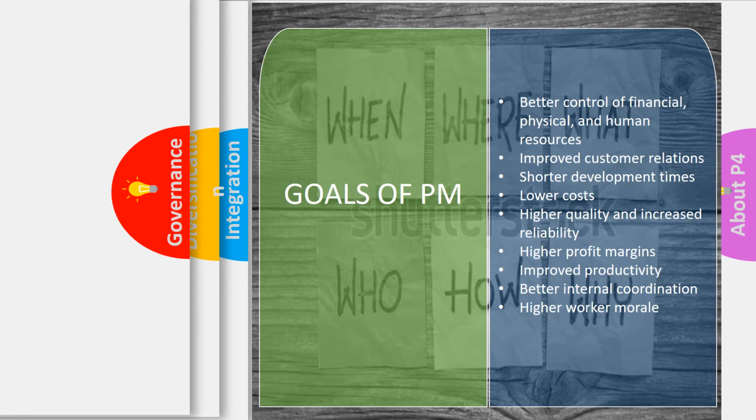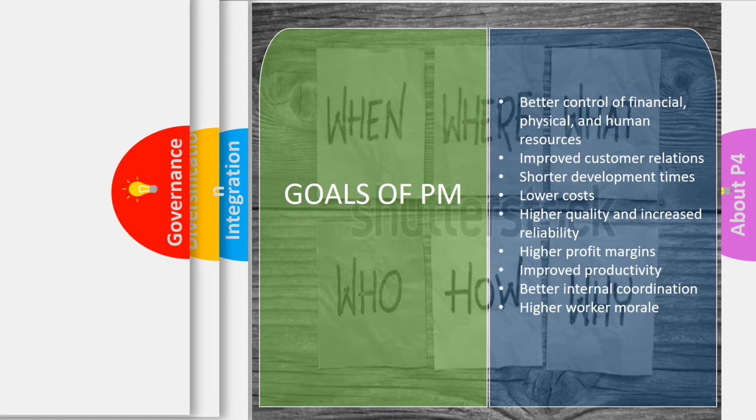Improved customer relations, shorter development times in terms of achieving and implementing things, lower costs. If you manage something in a systematic way, then you can actually lower costs by reducing the time taken. Higher quality and increased reliability. Higher profit margins, definitely, if you are undertaking projects for customers.